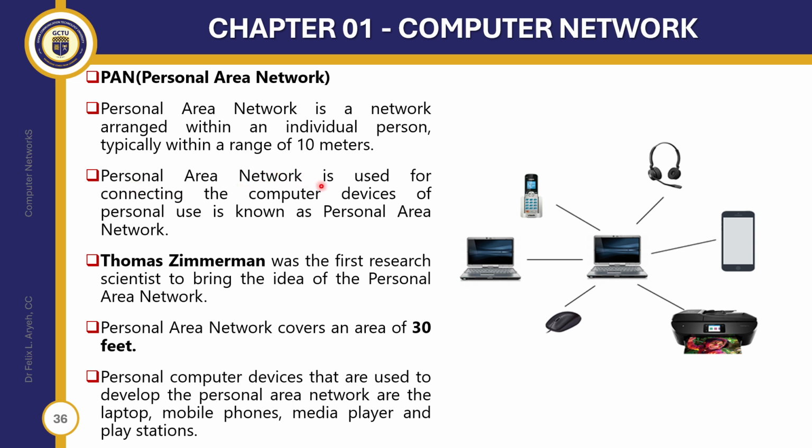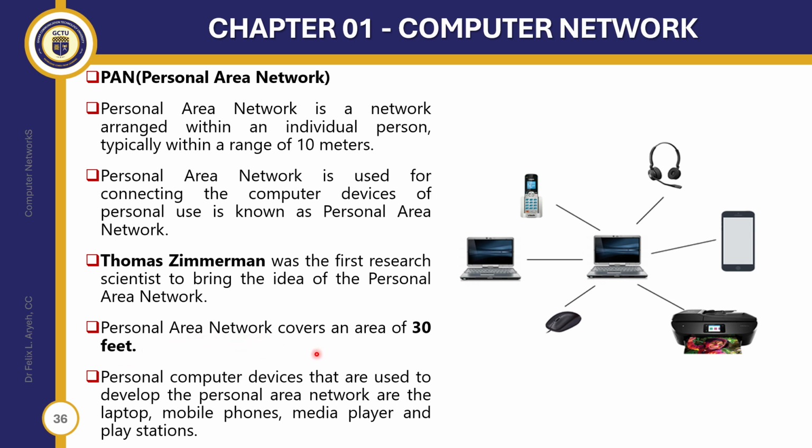A personal area network is used for connecting the computer devices of personal use. Of course, that is what makes it a personal area network. Thomas Zimmerman was the first research scientist who brought up the idea of a personal area network.